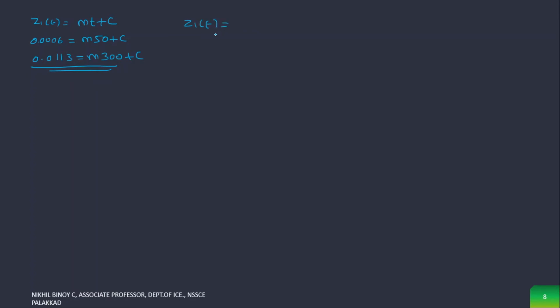If you solve this, the value of m is 0.0000428, and the value of c is minus 0.00154.